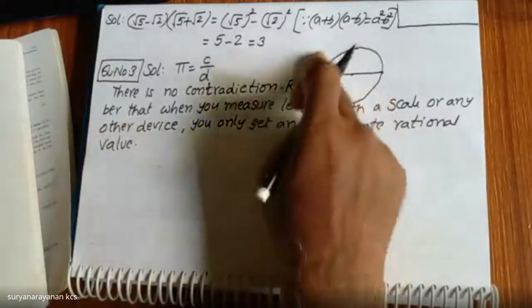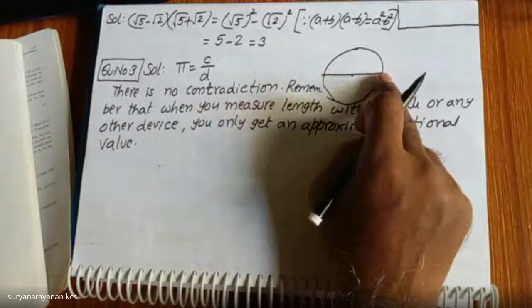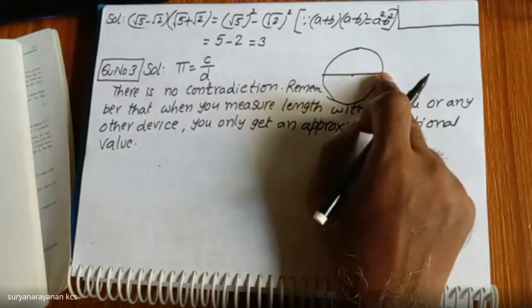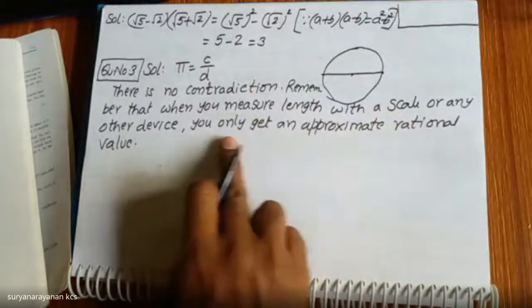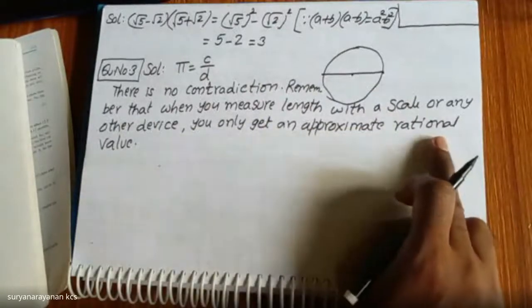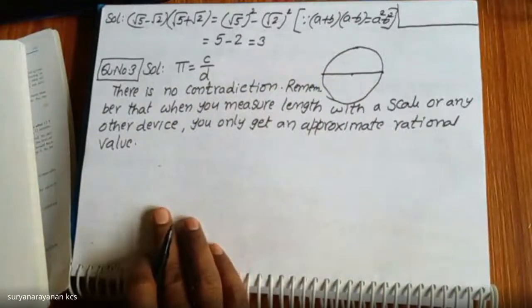When you measure the circumference and diameter of a circle using a scale, you get an approximate value in terms of rational numbers, but they are not actually rational numbers.